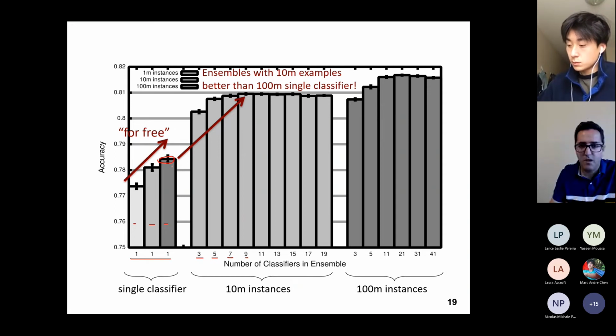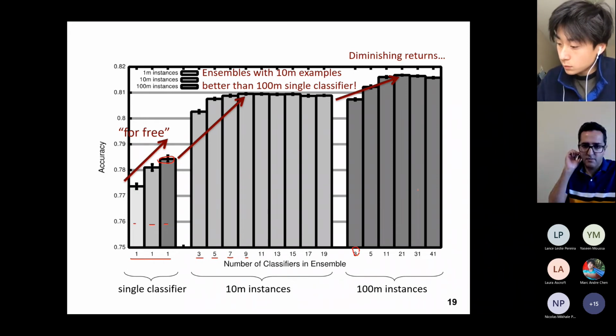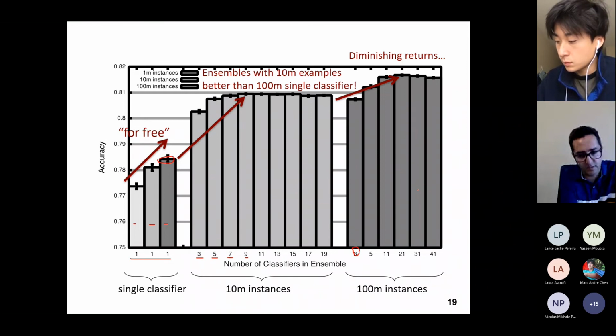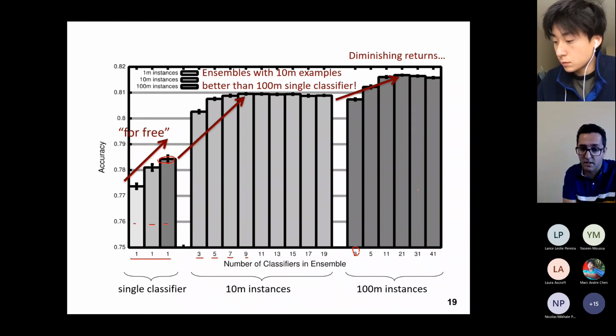That's interesting. But if you also use ensemble learning on the 100 million instances, it gives you a little bit more accuracy, but we don't gain a lot per se, okay? But it improves a little bit. So the idea here, what you need to learn here is that you see how much ensemble learning can help to improve the accuracy, okay?